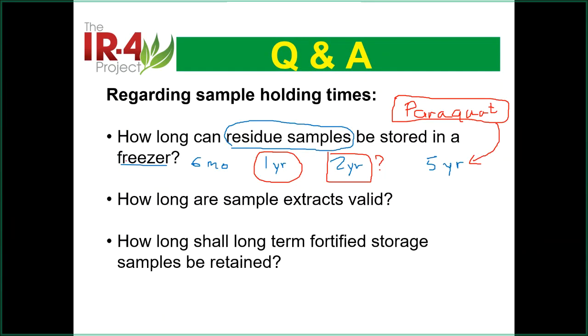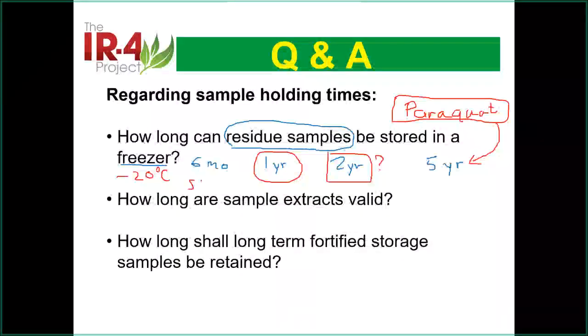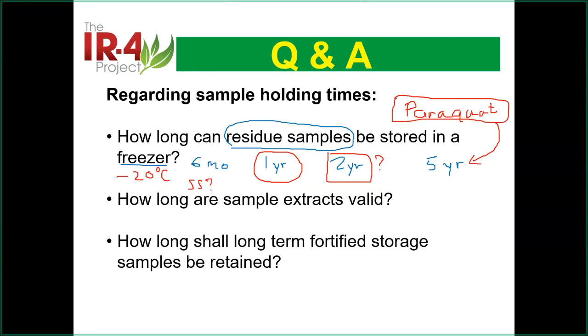You make sure your freezer is negative 20 degrees Celsius, and if something goes wrong, you need to show your storage stability data, the recovery. So this really depends.